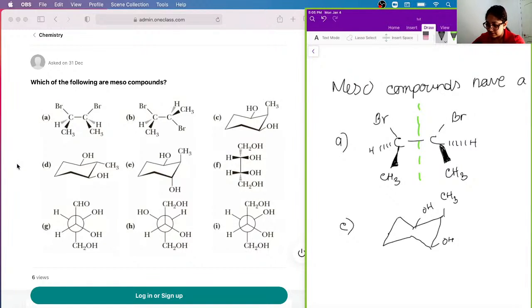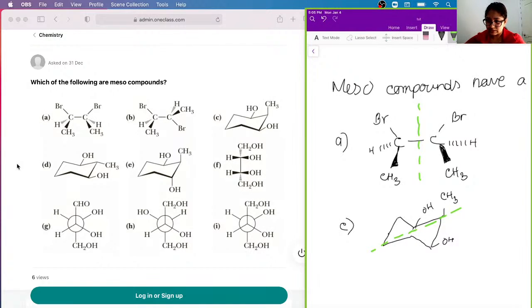To check that this is a meso compound, you can cut this way, and you would have the same substituents on both sides. You would have an OH, a methyl, and a methyl on this side, and an OH on this side. So this is a meso compound.